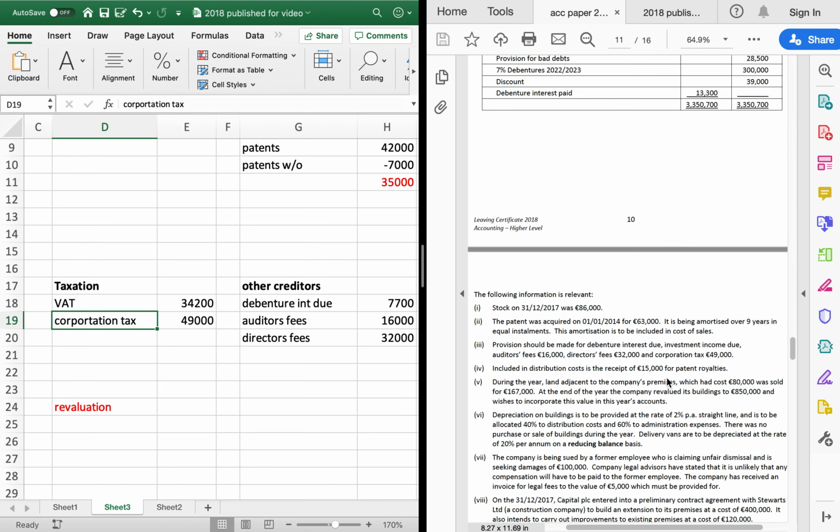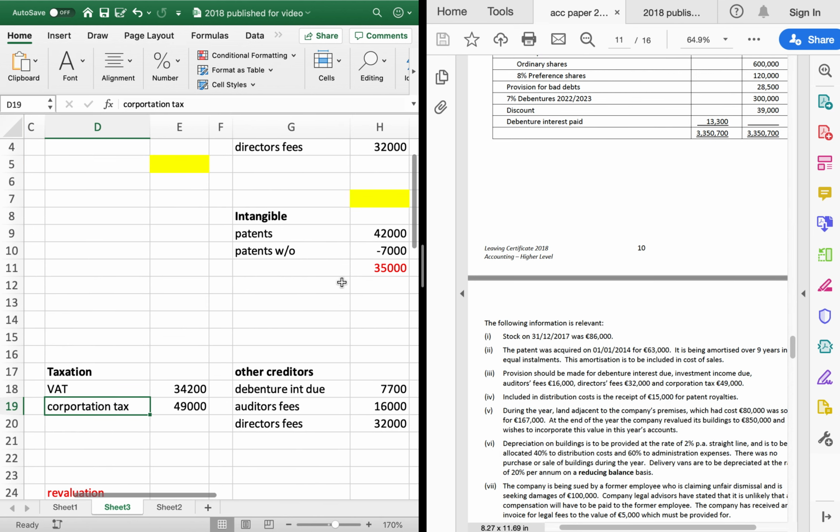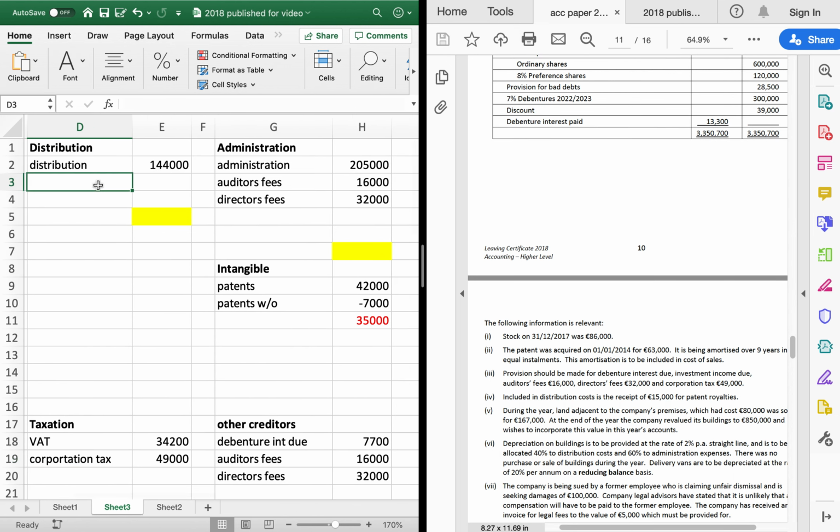To get rid of this, you have to add it on. So included in distribution cost is 15,000 for patent royalties. Patent royalties is an income. So it included in this 144,000 is a credit. Well, it's not actually in the 144,000. It's in a different number.